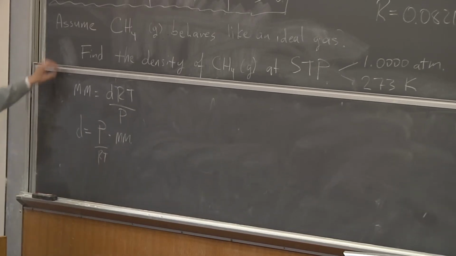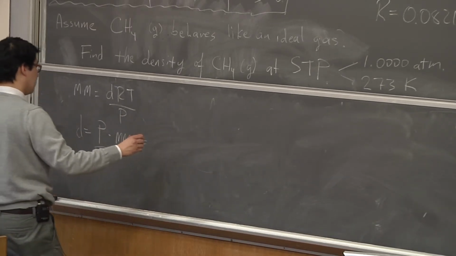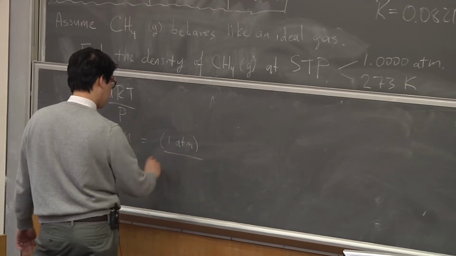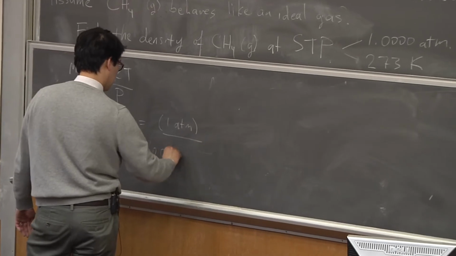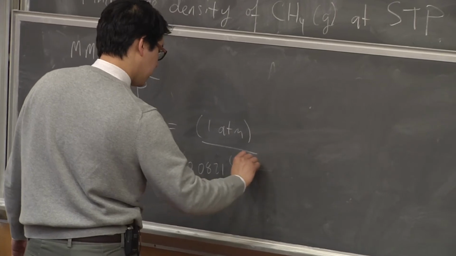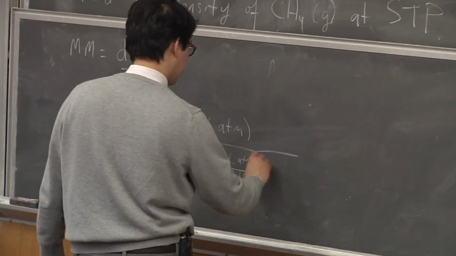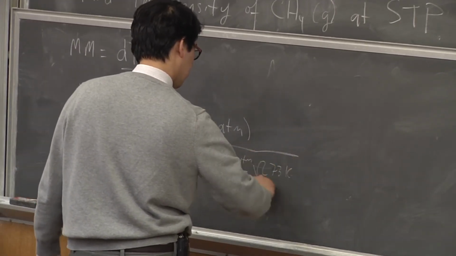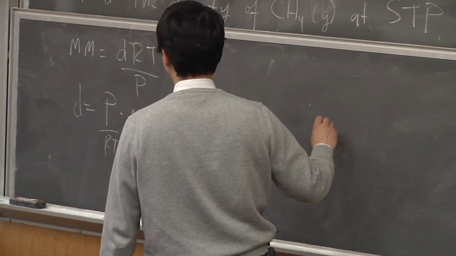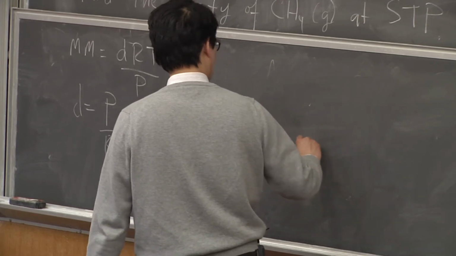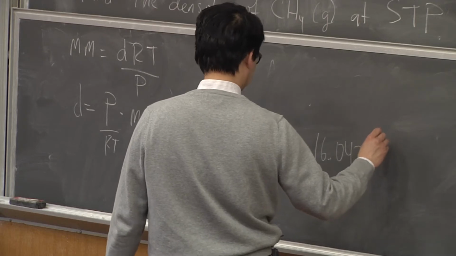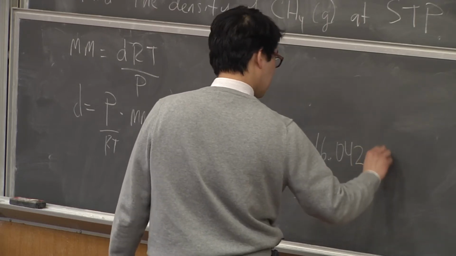So then to put it in, we get D equals 1 atm over 0.0821 liter atmospheres per mole Kelvin, times 273, and the M is 16.042 grams per mole.